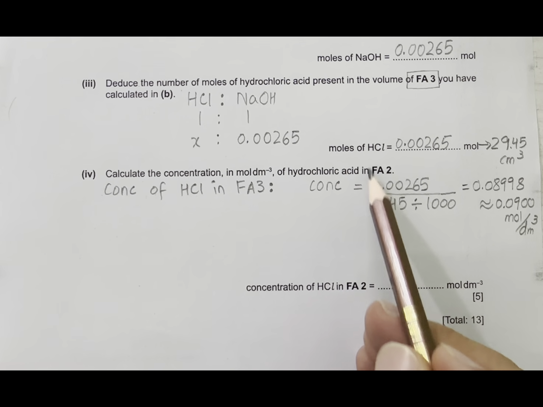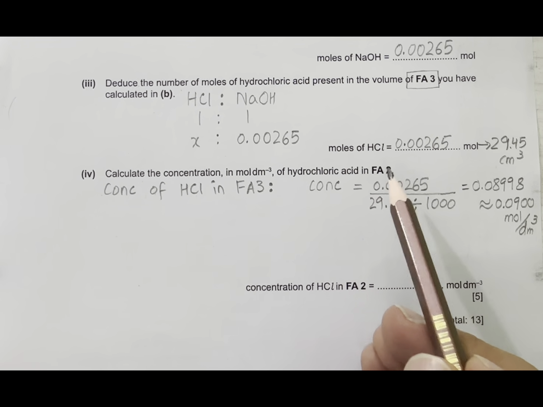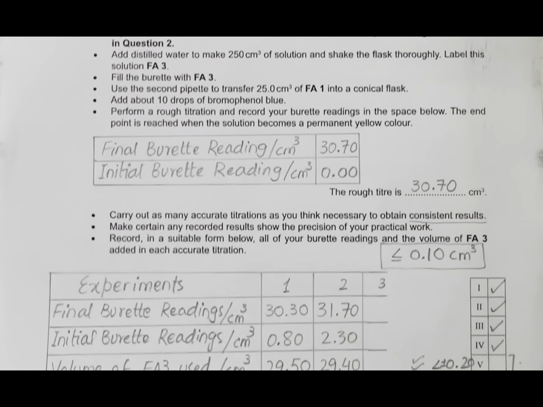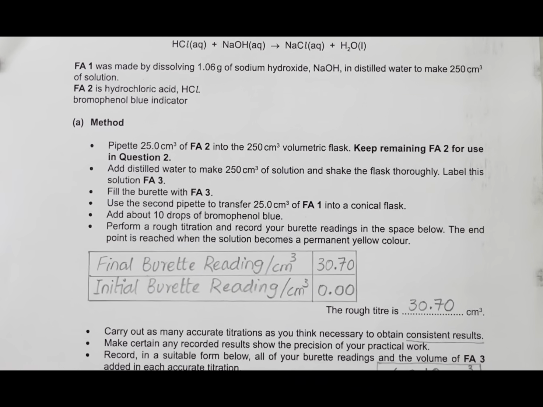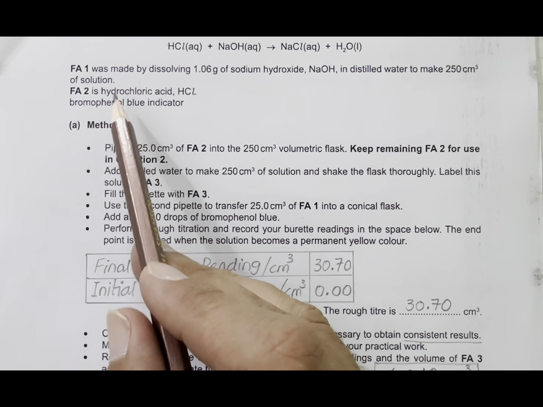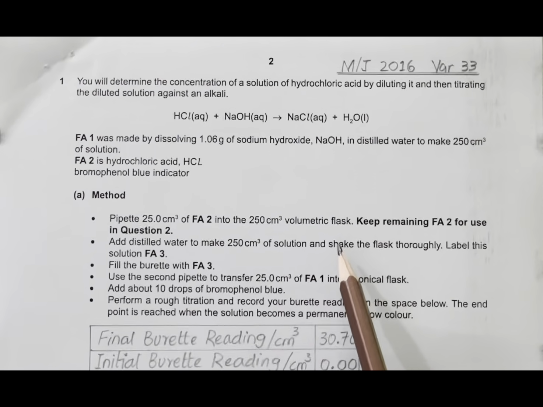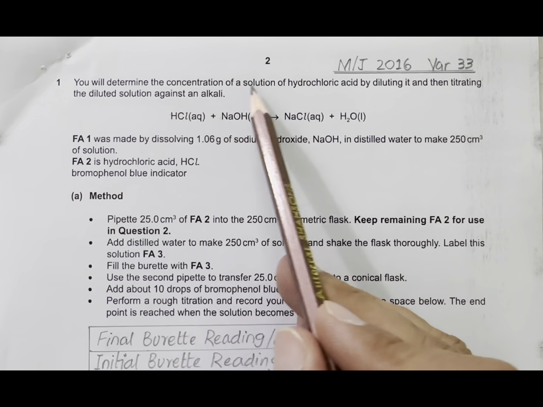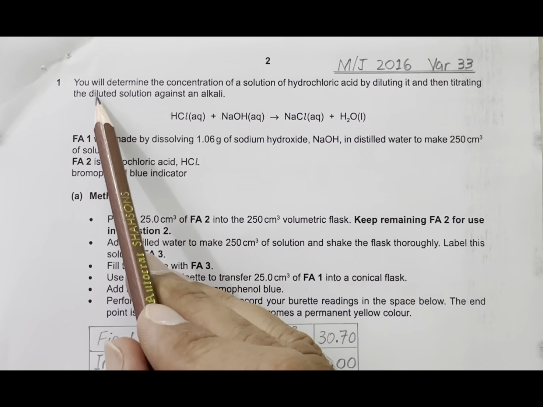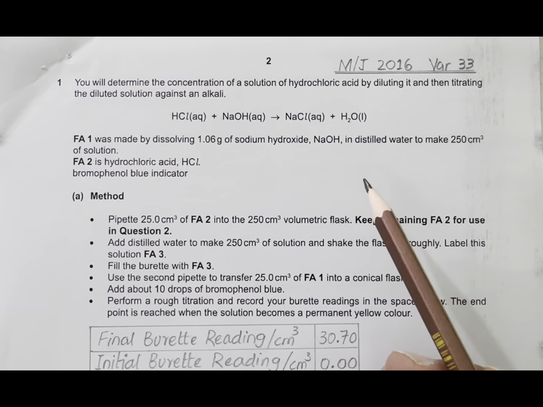Now, how to calculate the concentration of HCl in Fa2 from this Fa3? Let's look back in the previous part. This is a case of dilution. Here they have said also that hydrochloric acid is used after titrating. You can see from here the concentration of hydrochloric acid by diluting it, then titrating. It means we have the diluted concentration.